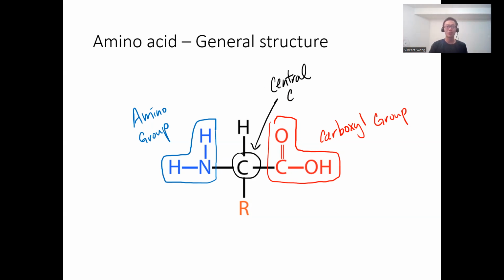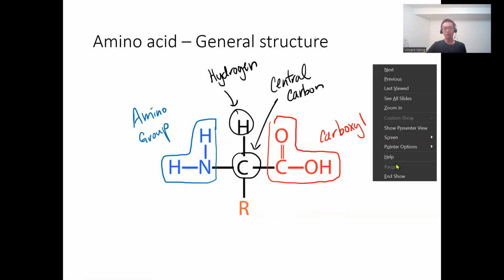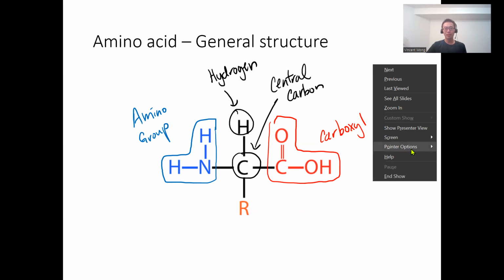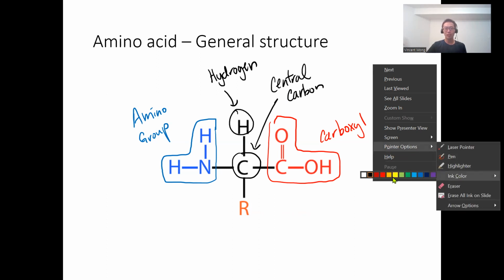Okay, so this is the central carbon. Okay, and then there's a hydrogen. Okay, so all amino acids have these features. Okay, what makes them different is the R group here. I don't have an orange here, unfortunately. Oh, I do.